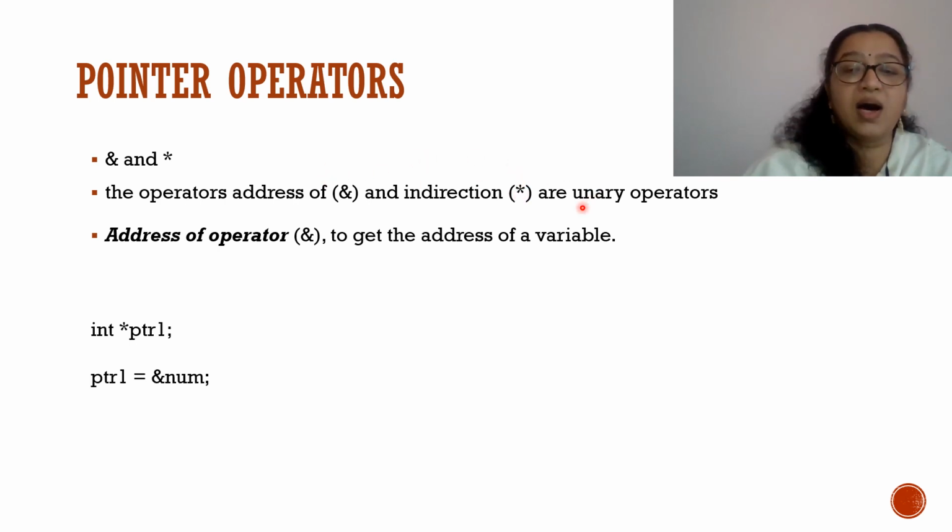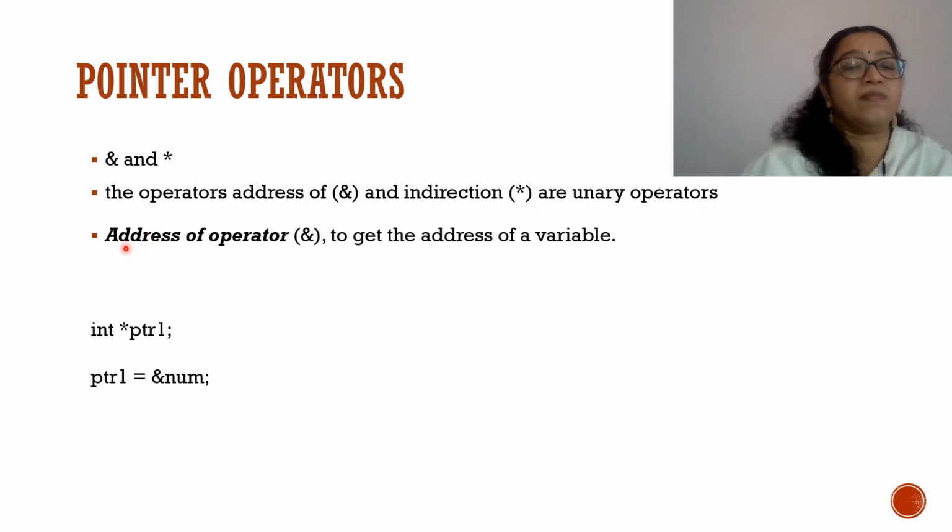These two are unary operators. What is a unary operator? Unary operator, binary operator, ternary operator. What is unary? Yeah, one operand and one operator. So here, for the ampersand sign, the address of operator, only one operand is needed. Same for star, one operand is needed. So we can call these unary operators.